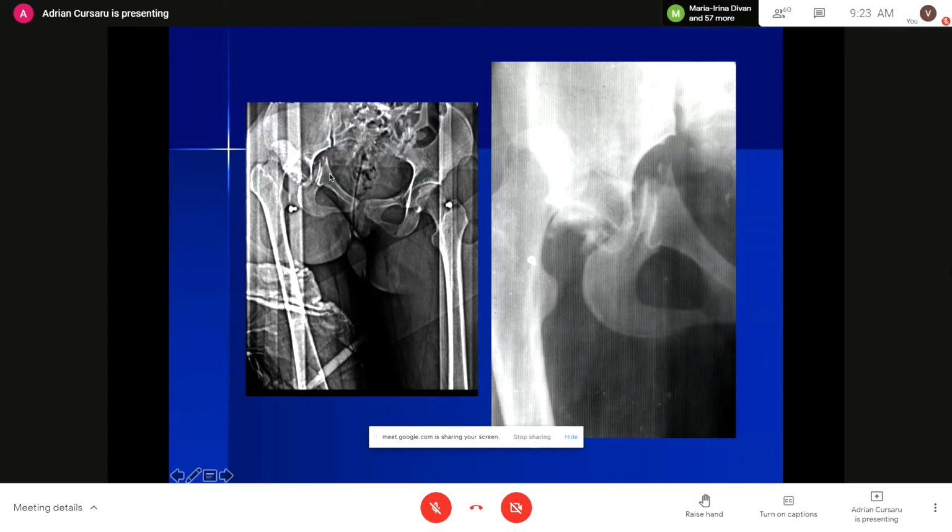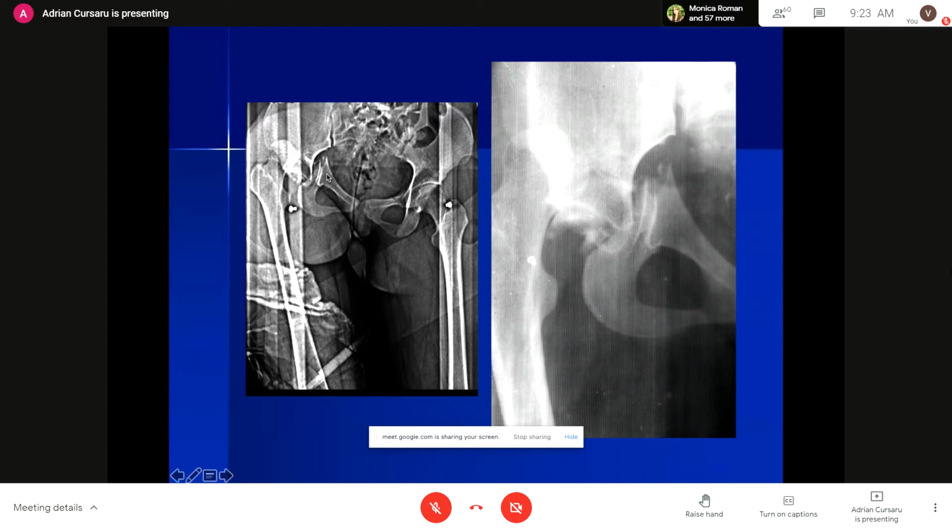Do you know the segments that we are seeing on that image, on that X-ray? What kind of X-ray is it? Anteroposterior. That is an anteroposterior pelvic view.